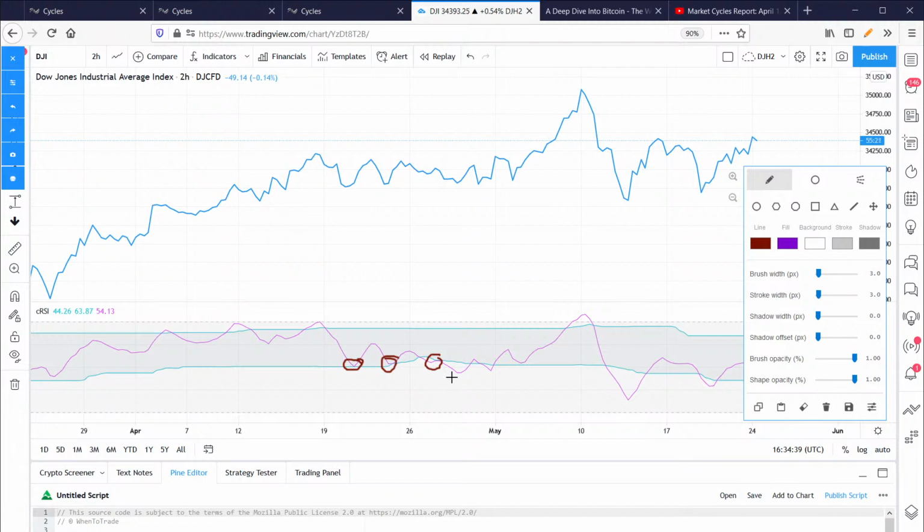You always know after the fact, but we now combine this with the information that we know from the cycles. We should look out for signals happening around the 27th, 28th of April. So which is this one here and this one here. And by the way, this is also a diverged signal, which makes it even more powerful.